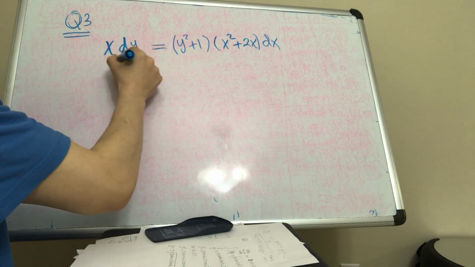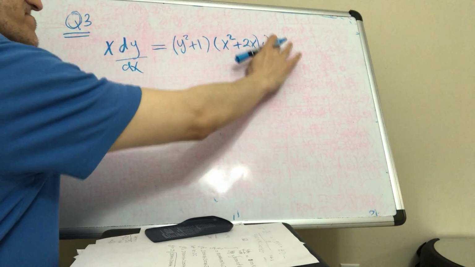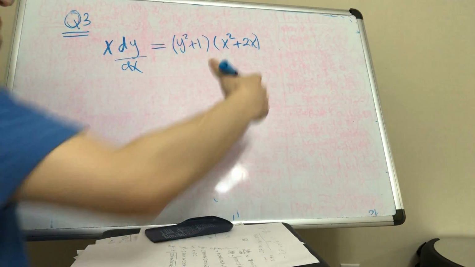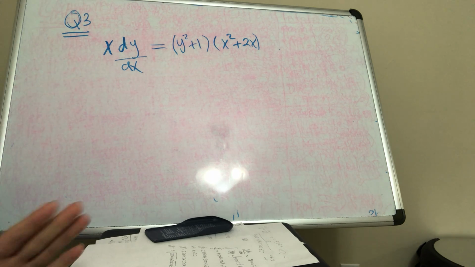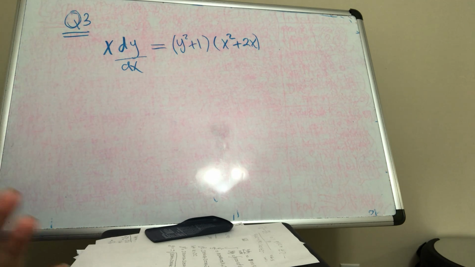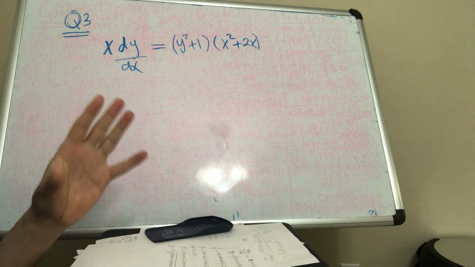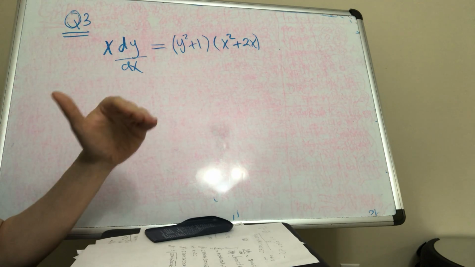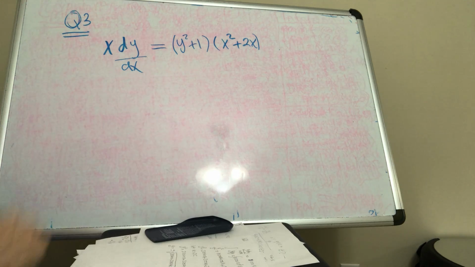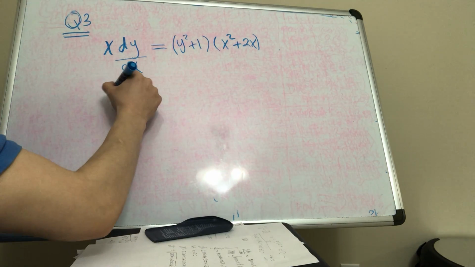Or we can just put the dx here. And again, I'm going to just say find the general solution, so I'm not going to give you an initial condition. The idea of this is to put the dx and the dy on top, x with dx, y with dy. So we start with the cross multiplication.